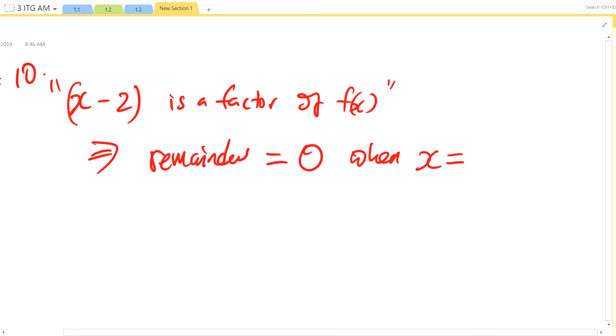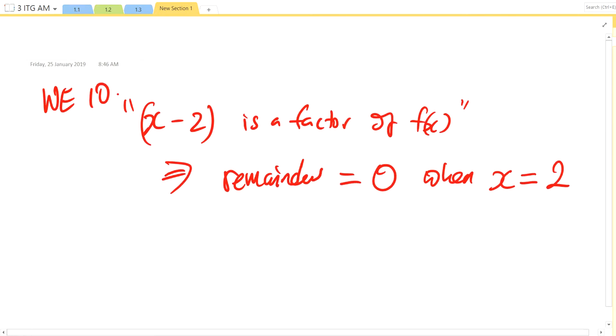It means that the remainder is equal to 0, and the remainder is equal to 0 when x is equal to 2. Yeah, you're right. Do you know why? We are still using the same remainder theorem. Your factor theorem is a special case of your remainder theorem. Recall our remainder theorem.